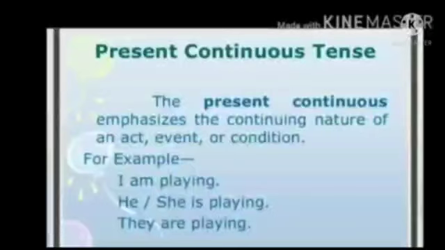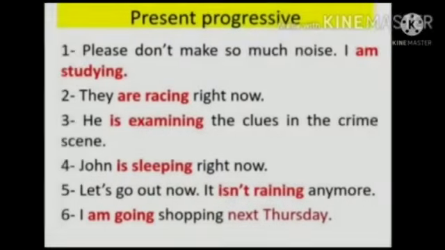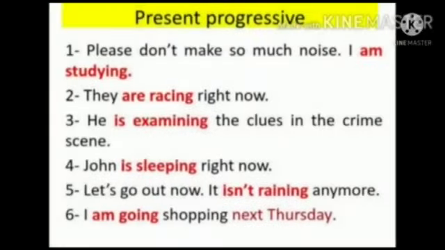I will be giving you some more examples. Please listen carefully. Example 1: Please don't make so much noise, I am studying. The second example: They are racing right now. And the third one: He is examining the clues in the crime scene. John is sleeping right now.